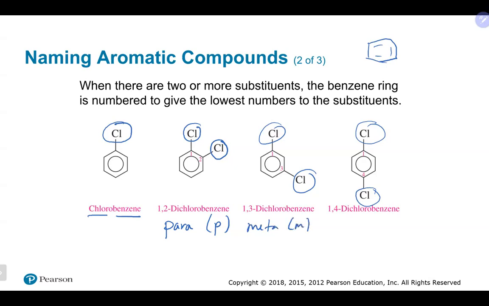Again, sometimes people will use meta instead of the numbers, or just M-dichlorobenzene. And we also have ortho, which is our 1,4 positioning. So these are sometimes used in place of the numbers.